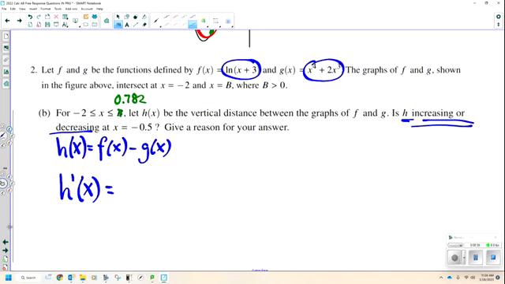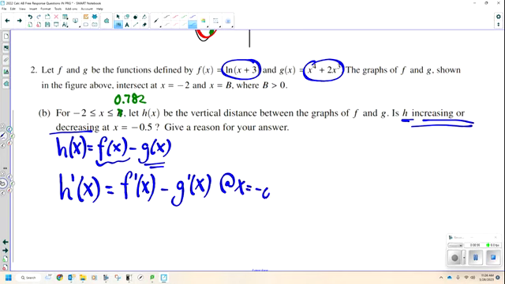You get a calculator. There'll be time to do hard work. Don't worry. Right now, not so much. The derivative of f is just f prime of x minus the derivative of g is g prime of x, okay? And I want this at an x value of -0.5.